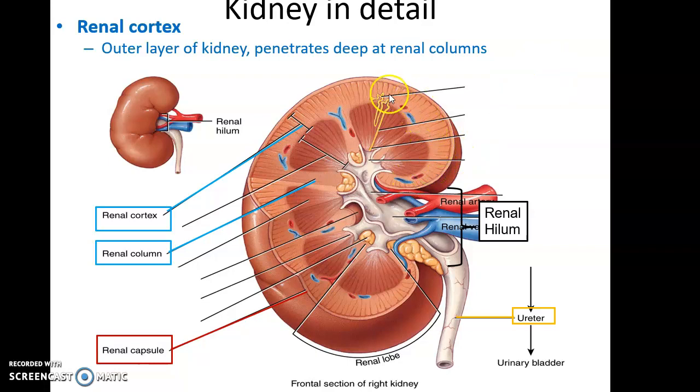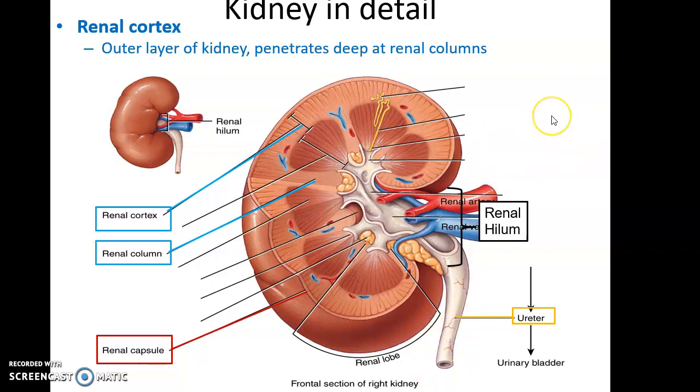The outermost layer of tissue that is deep to the renal capsule, this lighter colored tissue, is called the renal cortex. And the renal cortex includes small pieces called the renal columns. So the renal columns are where the renal cortex goes deeper into the kidney.